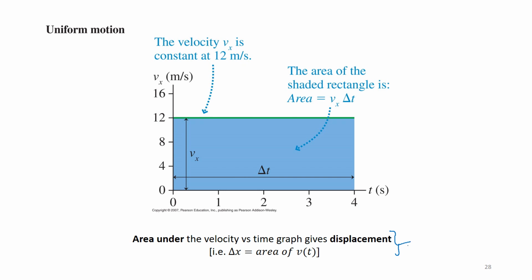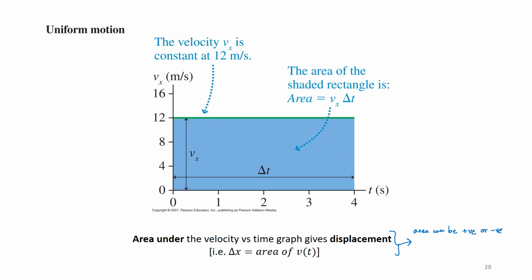All right, now we've got to be careful when doing this. Remember that the area can be positive or negative, which means the displacement you calculate from the graph can be positive or negative. That makes sense because, depending on the velocity, you could have positive displacement or negative displacement.